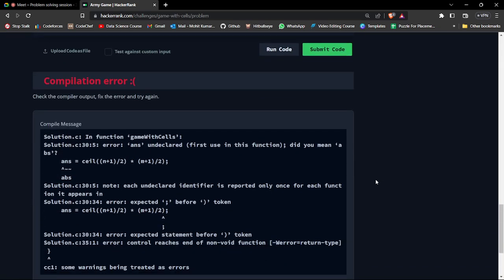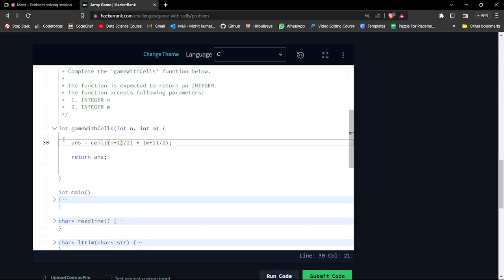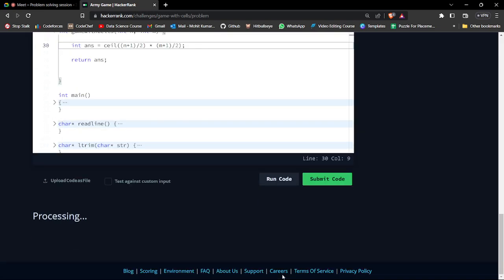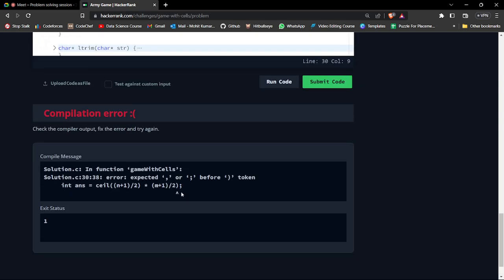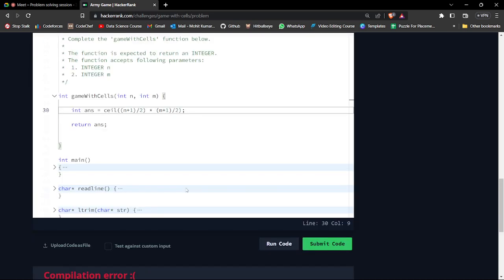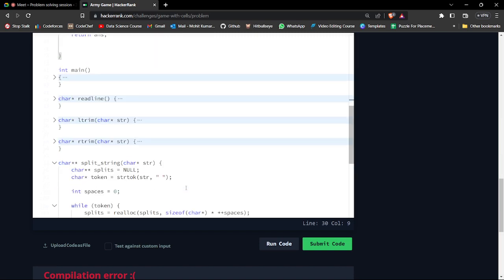Okay, of course we'll be getting a compilation error. Why compilation? Okay, so the answer should be of int. So again, that is m plus 1 by 2. Okay, ceil of m plus 1 by 2. I don't know what wrong we are doing here.